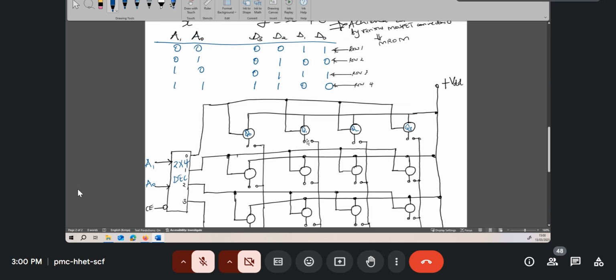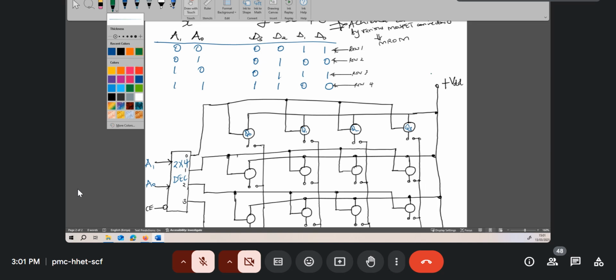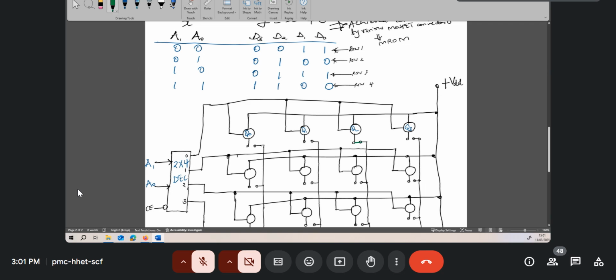What do we do? I suppose we leave it open. In D1, we want to store a 1. What do we do? Yes, connect it. So we'll make that connection. So here, we want to store a 1 in that memory location, so we make those connections. So that goes on for all the others.